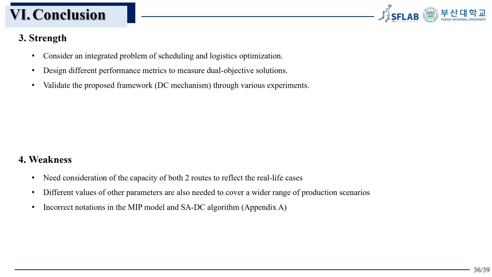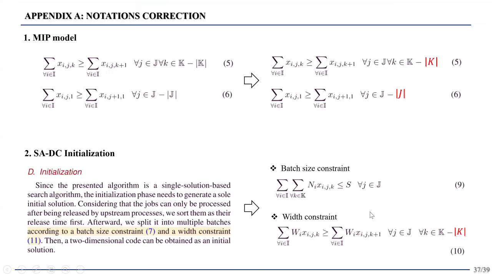Also, this is not a significant weakness, but for those who are interested in the topic, you may get confused because there are some incorrect notations in the MIP model and the SADC algorithm, which I will show in the appendix.